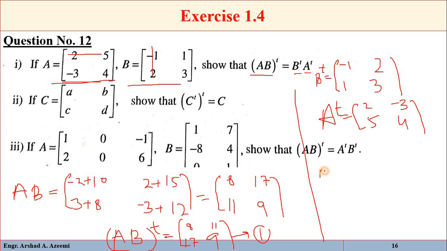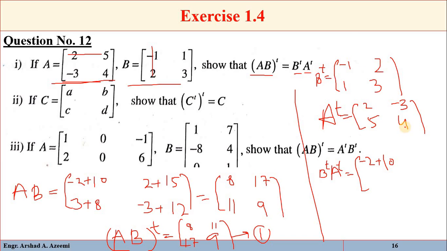Now take the product of B transpose into A transpose. First row with first column, minus 1 multiplied by 2, that is minus 2, plus 2 multiplied by 5, that is 10.